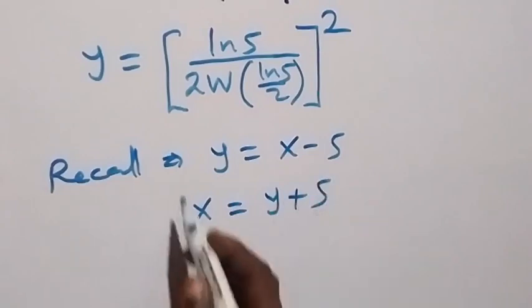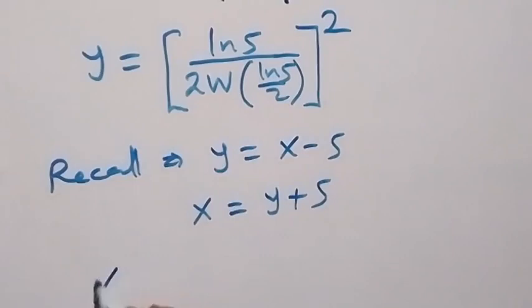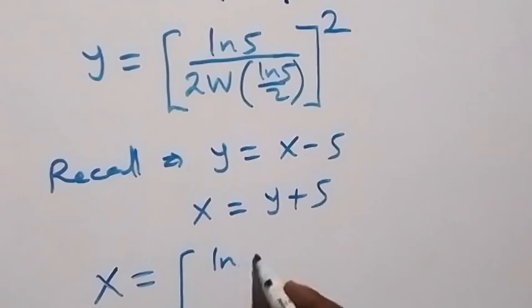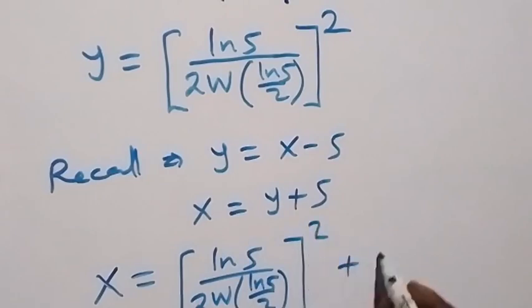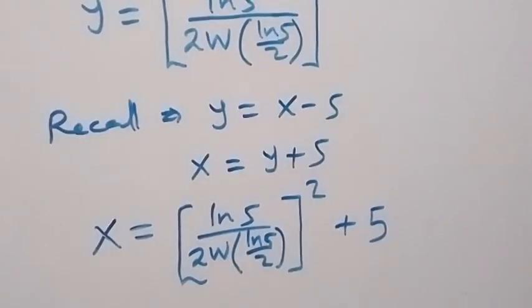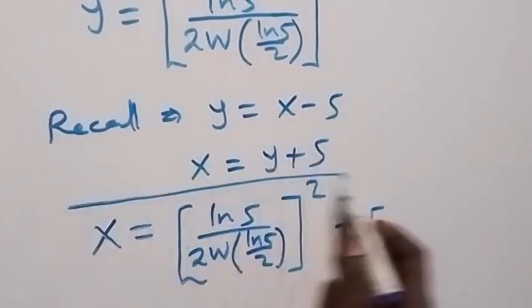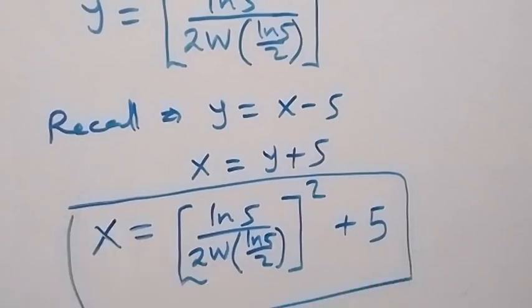That is, here this is y, then x will now be equal to, in bracket, ln 5 over 2 over W of ln 5 over 2, close bracket, all squared, plus 5. So we have the value of x for this given problem, and when we use a calculator to solve, it will give us an approximate solution to this.